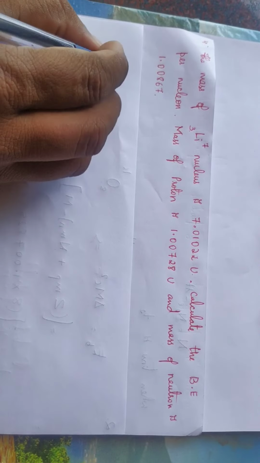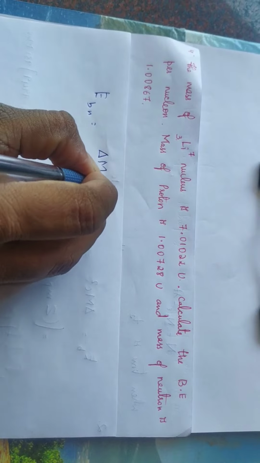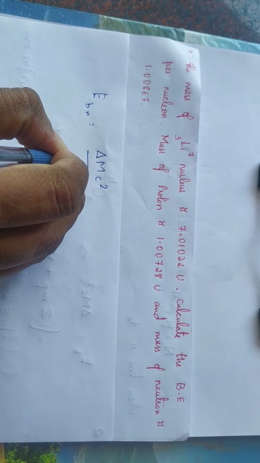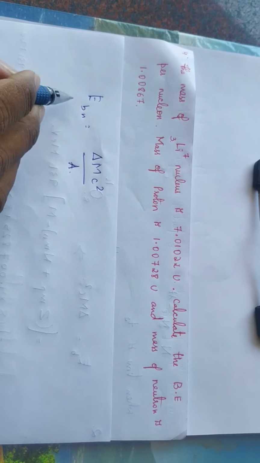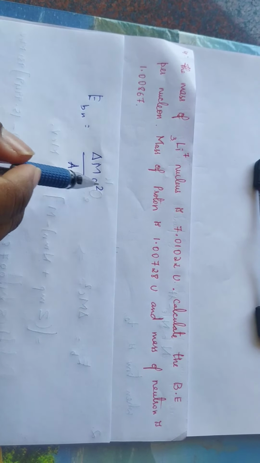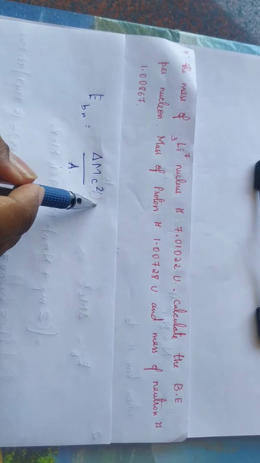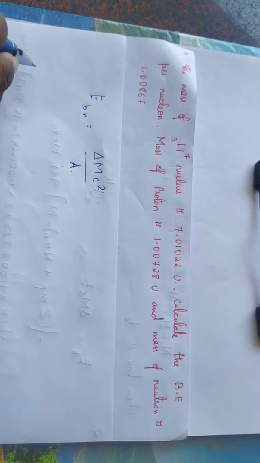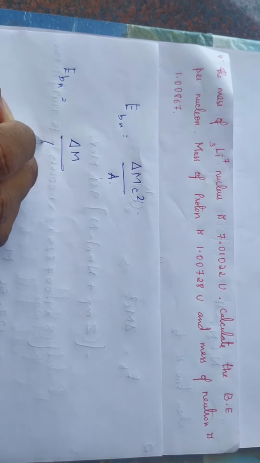The specific binding energy is given by Δm c² by A. Here instead of c² you can take 931 MeV.